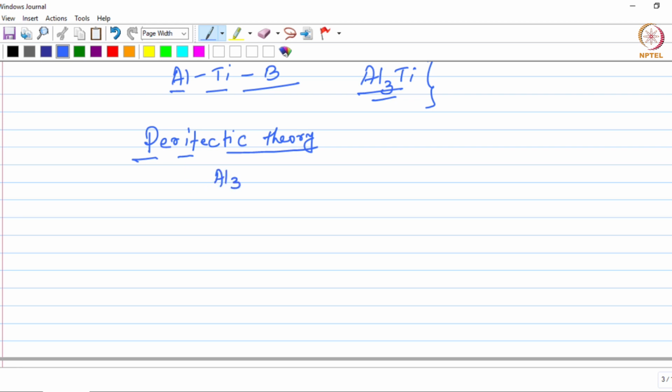So therefore, these Al3Ti particles nucleate aluminium through a peritectic reaction, which is as follows.